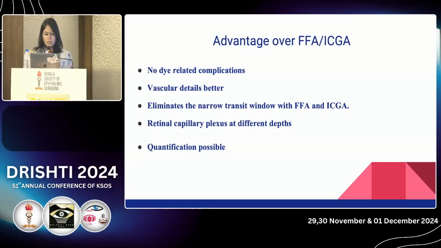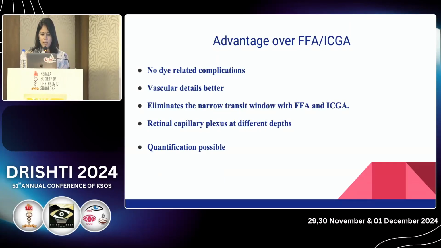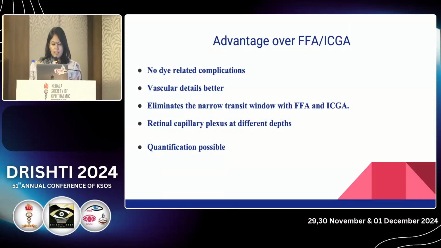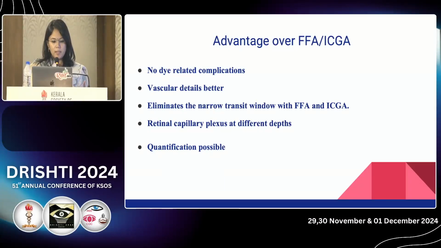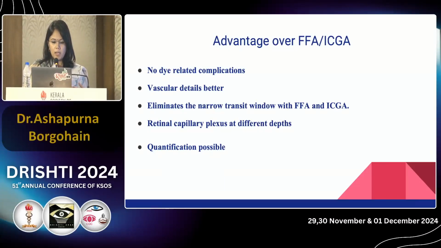It does not use dye, so dye-related complications are avoided, and patients who are contraindicated for FFA and ICGA can undergo OCTA. As it does not show any leak, pooling, or staining, vascular details are better delineated, and it eliminates the narrow transit time of dye coming in and flushing out with FFA and ICGA.